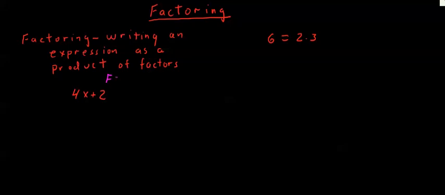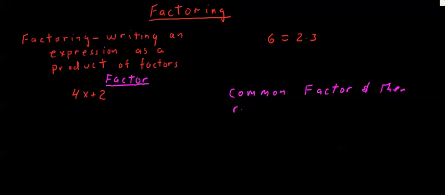Now, we're going to be looking at two main ways of factoring. The first way is by finding a common factor, and then reverse distribution.